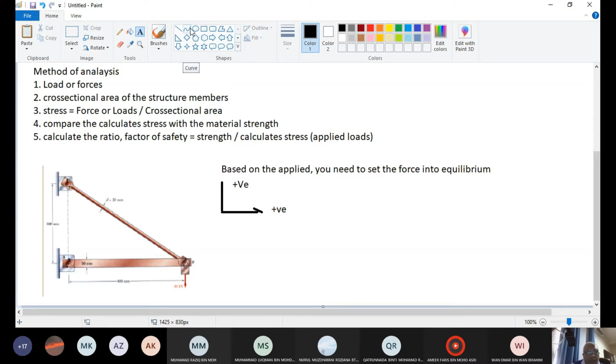And similarly, when you have the moment, the moment in this direction will be positive.